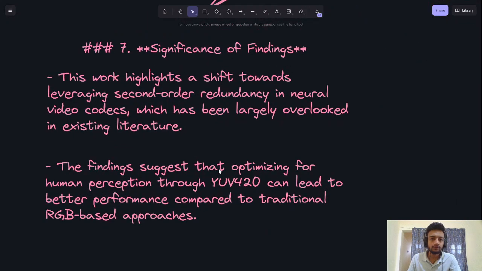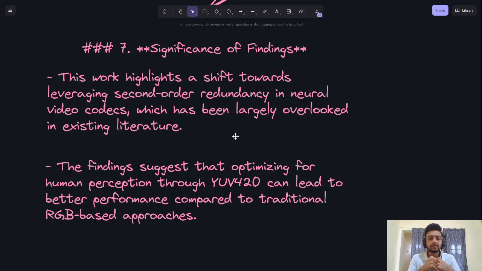So, significance of findings. What is the significance of the findings? The work highlights a shift towards leveraging second-order redundancy in neural video codecs, which has been largely overlooked in existing literature. In this era of generative AI, generating videos, photos, and code is something we can do in a fraction of a second, right?